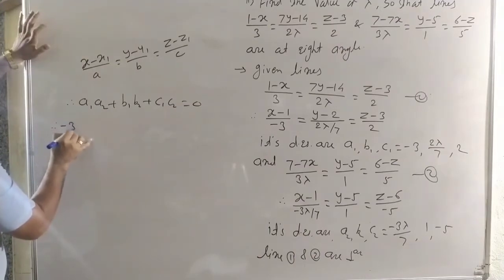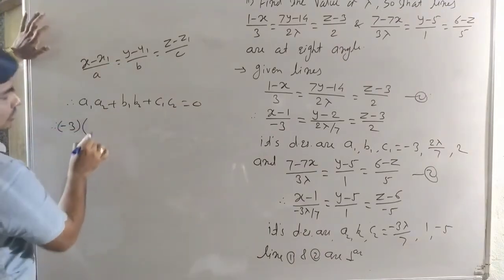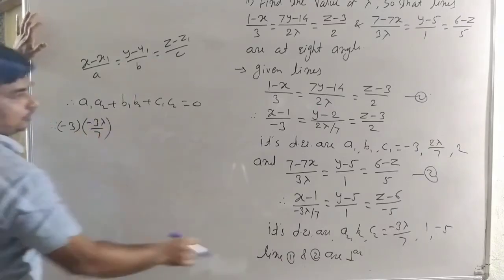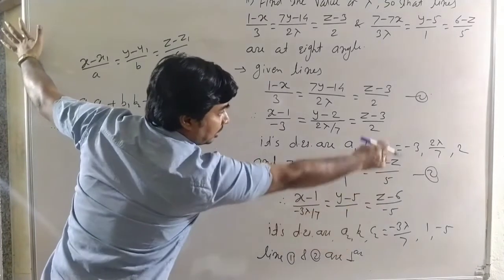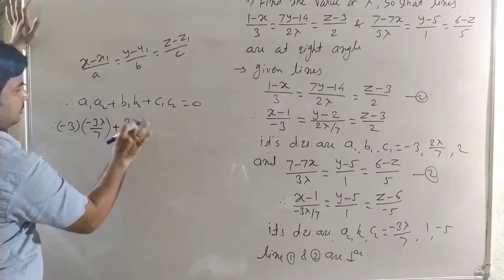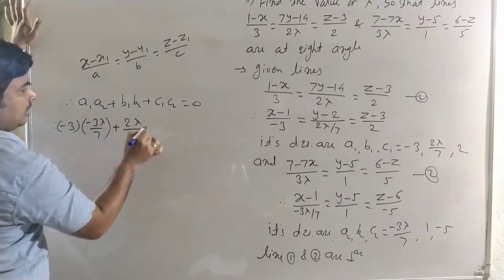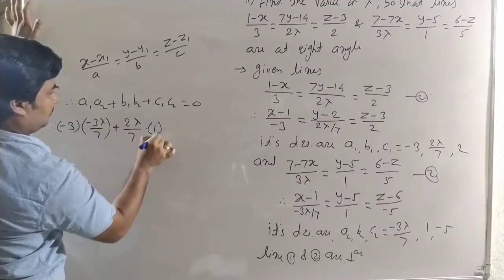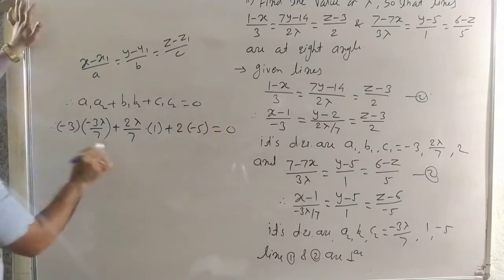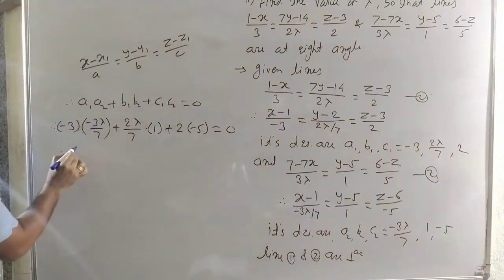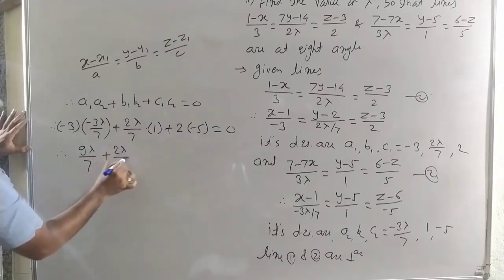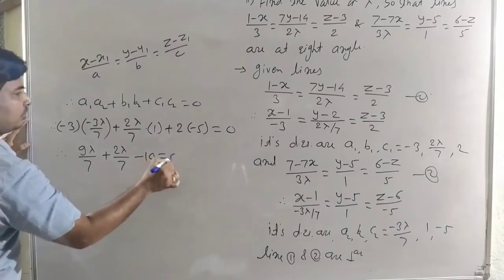Therefore it is minus 3 into minus 3 lambda upon 7, plus 2 lambda by 7 into 1, plus 2 into minus 5, equal to 0. Now calculate. Here 9 lambda upon 7 plus 2 lambda upon 7 minus 10 is equal to 0.